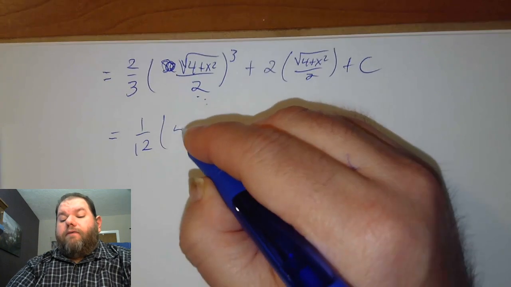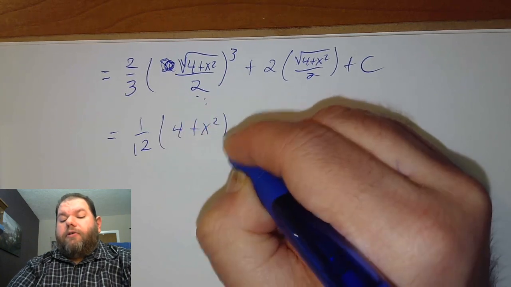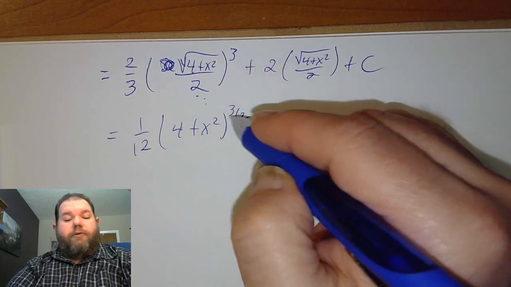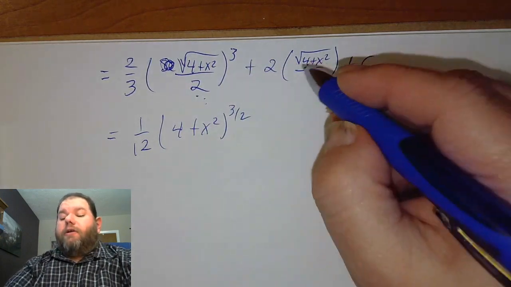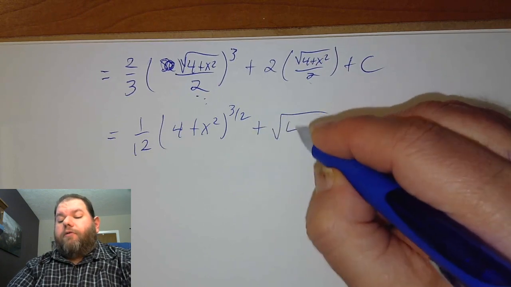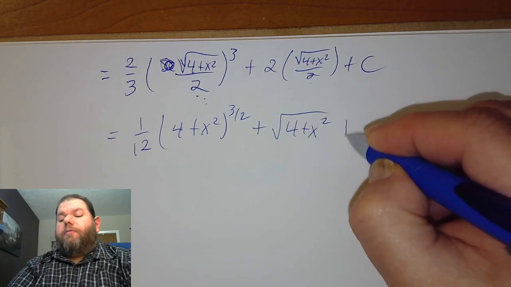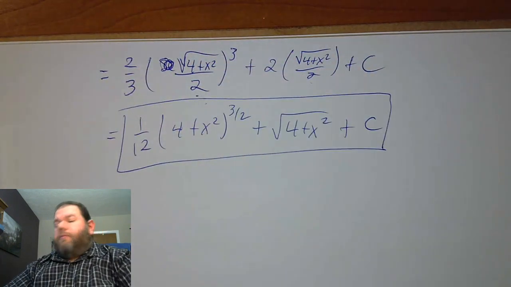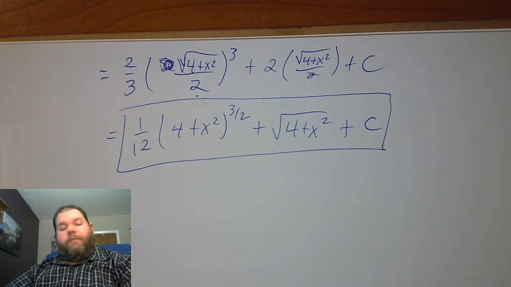And then we have 4 plus x squared to the 3/2 power, because the square root raised to the 3rd power is 3/2. And then the 2's simply cancel here, so we just have plus the square root of 4 plus x squared plus c. And that'll be our answer in that case.